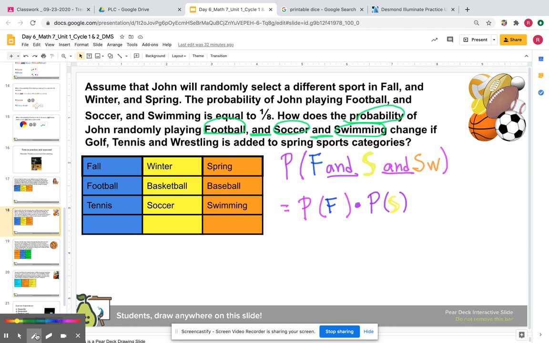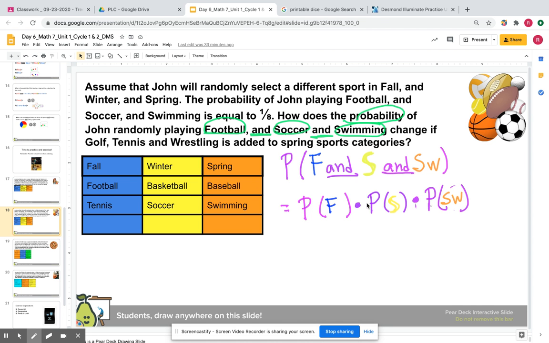Okay, and we're also including another event. And also the probability, oops, I made a mistake. Not the word and, we're using the multiplication symbol, right? Dot. So let me go ahead and get that dot right there. The probability of swimming. So let me go ahead and use orange, SW.